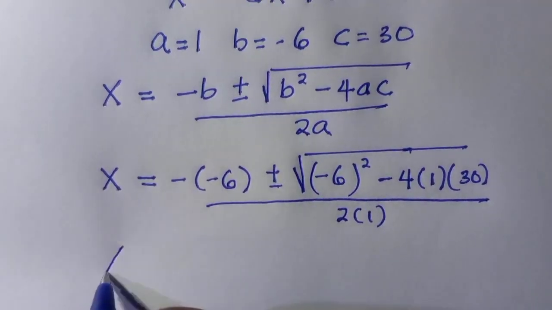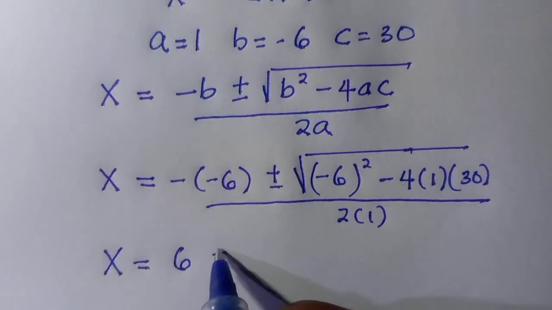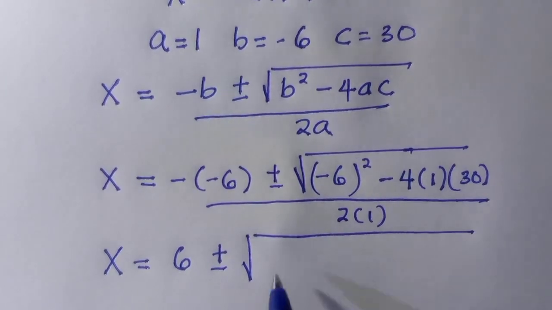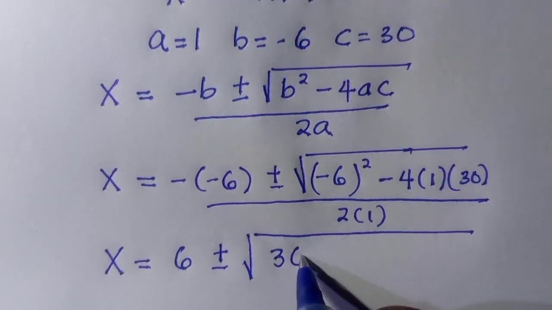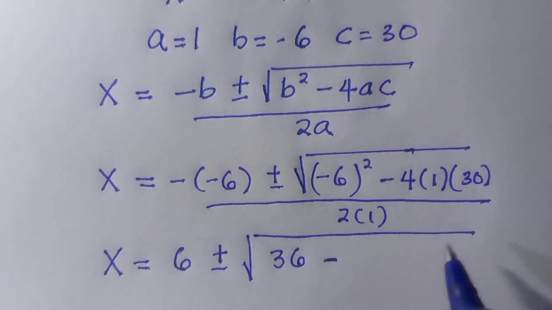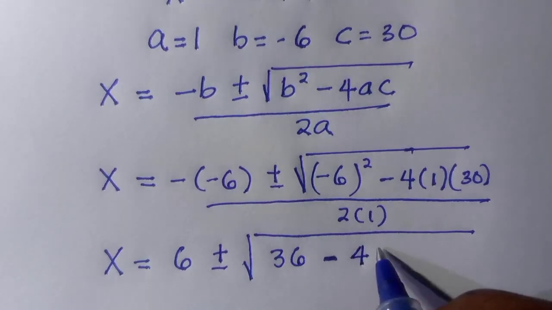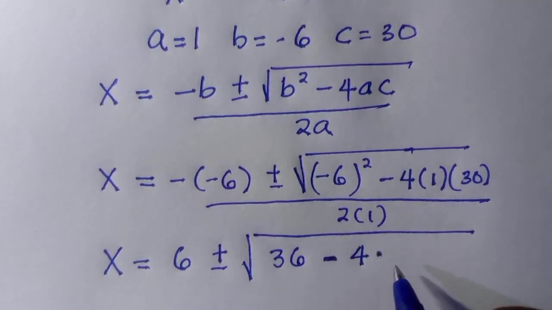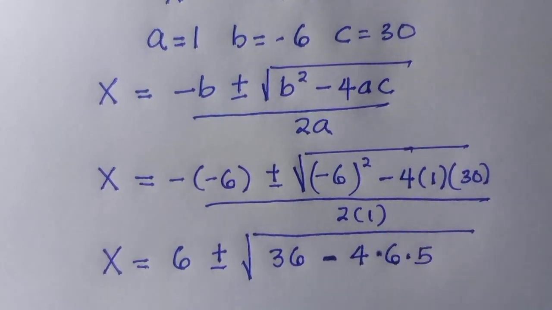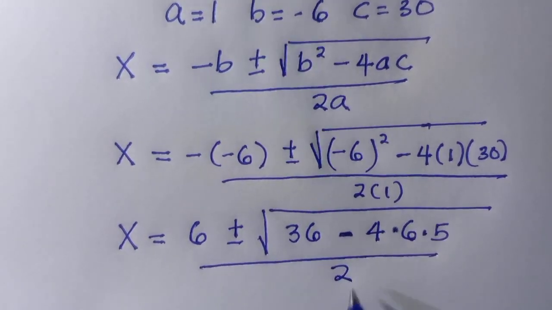So having this, we have x equals 6 plus or minus, when minus multiply minus, square root of 6 square is 36 minus, when we multiply 4 and 30 together, so we are going to have it as 4 multiplied by, if I break 30 into product of 6 and 5 in the absence of calculator, so everything divided by 2.